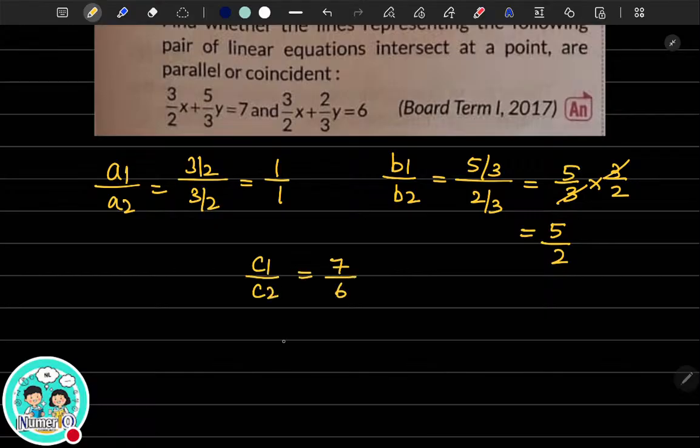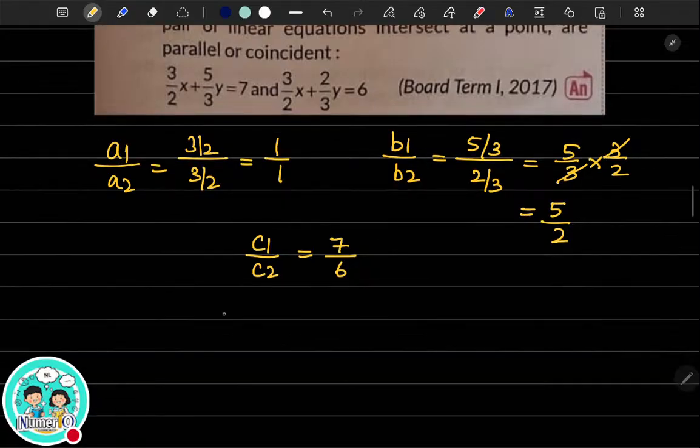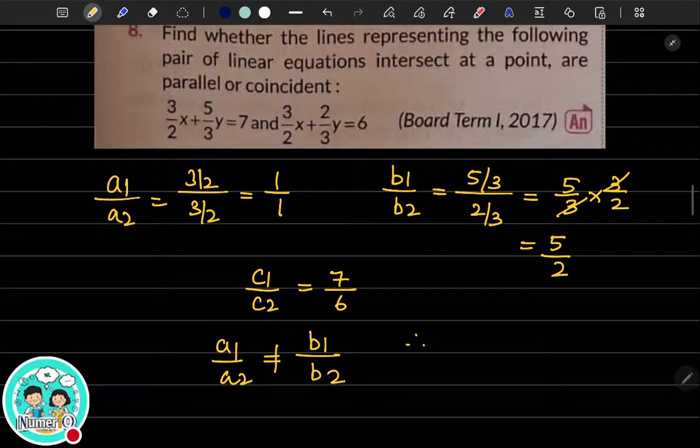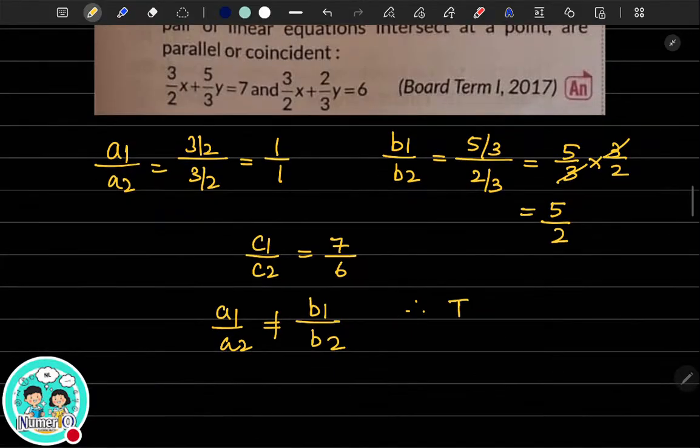7 by 6. Now the minute you have a1 by a2 not equal to b1 by b2, what can you write about it? The first scenario, that is, the lines intersect at a point.